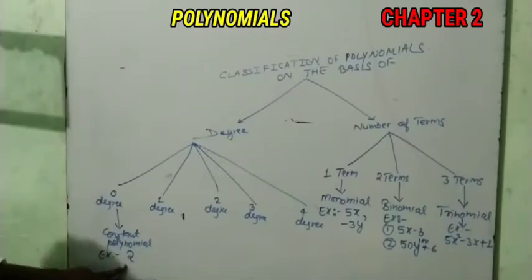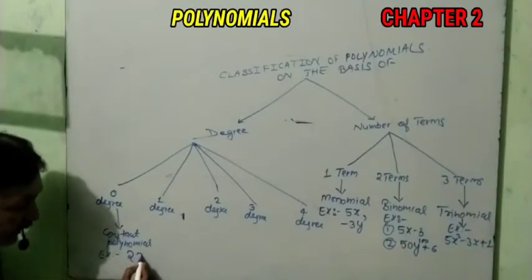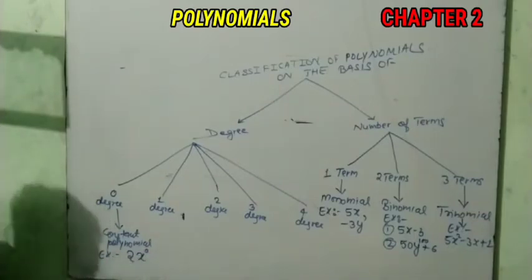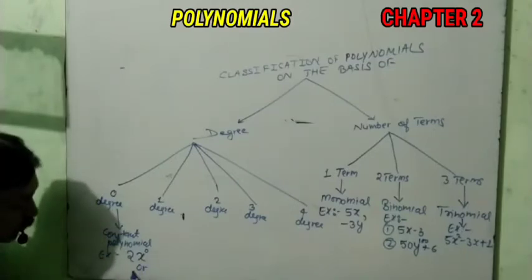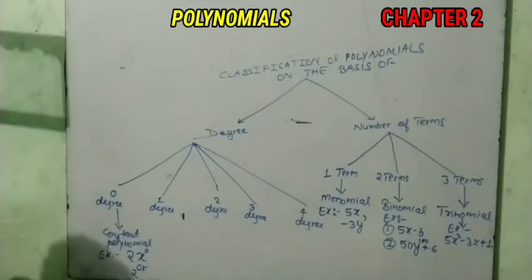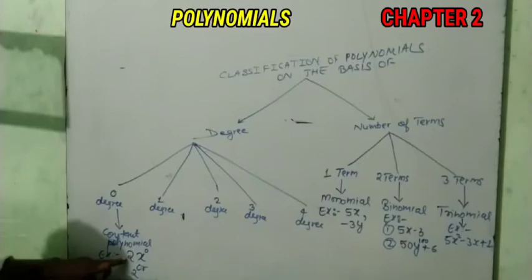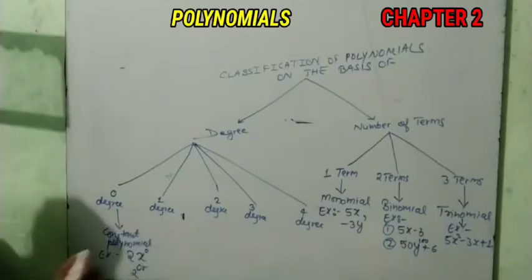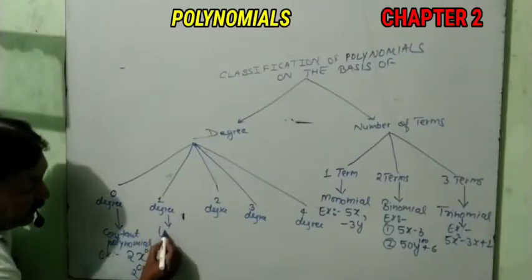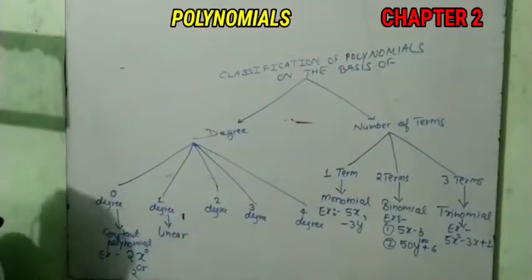Because I had just explained you 2 or 3 minutes back that degree comes as a power of a variable, but in this case there is no variable. If it is not there, we can put it like this. Either you write it 2x raised to the power 0 or you just write 2. Both mean the same thing because we know x raised to the power 0 means 1. So it is actually 2 into 1, which is 2.